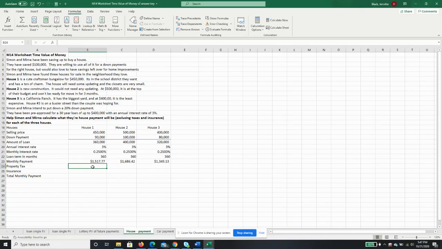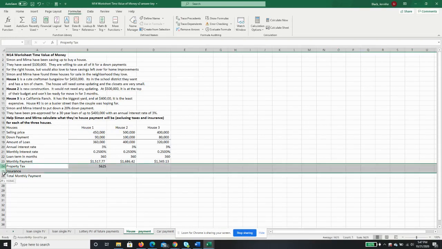But a good number to go by that's worked for me is about 1.25%. So I'm just going to take the value of my house, which is the selling price, and multiply it by 0.0125. And that's going to tell me my annual property tax.